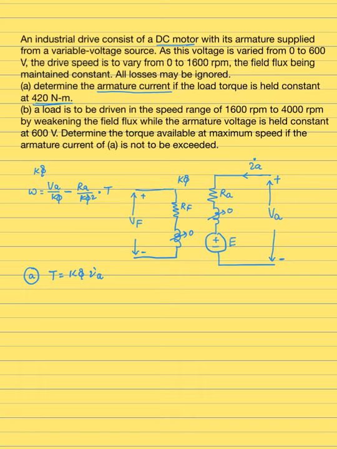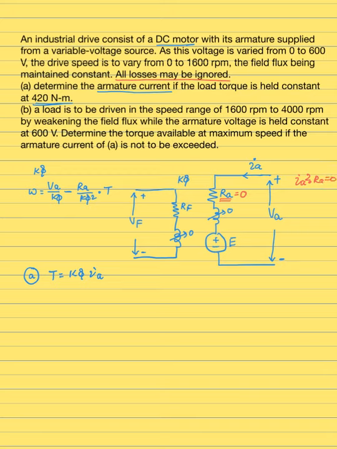And you are also aware that it's given that we're going to assume all losses are ignored, and one of the losses happens in this resistance RA. So since we're ignoring all the losses, we're going to assume that this value is 0. So that's how we're going to have IA squared times RA loss equals 0.